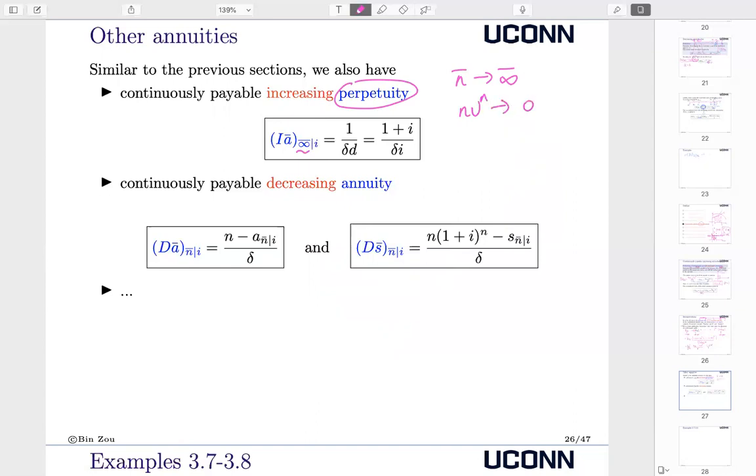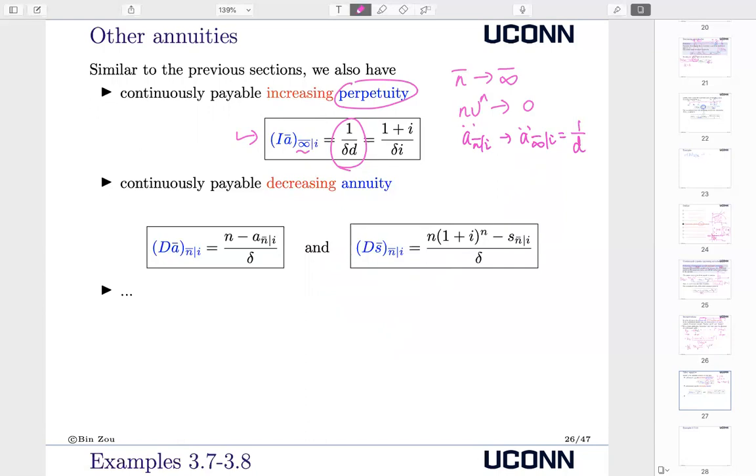And your annuity due becomes the perpetuity due, and this is 1 over d. So that's why we have this formula. Once we know the standard result, we simply take the limit of n to infinity. Then you easily derive the present value for the continuously payable increasing perpetuity.